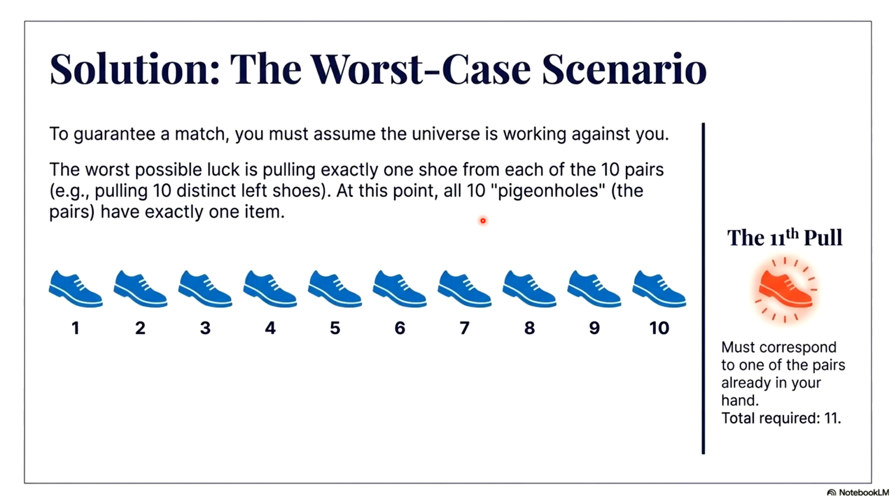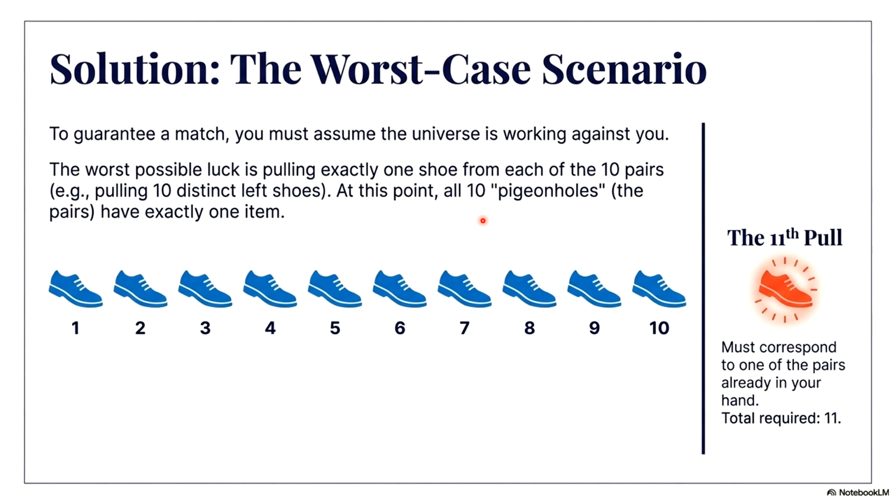So the answer is 11, and it's basically a worst case analysis. You can imagine you have 10 pairs of shoes, and if you got very unlucky, you could pick one shoe from each pair on your first 10 draws. I understand that the probability is almost zero that would happen, but again, you want to be guaranteed of having two shoes from the same pair.